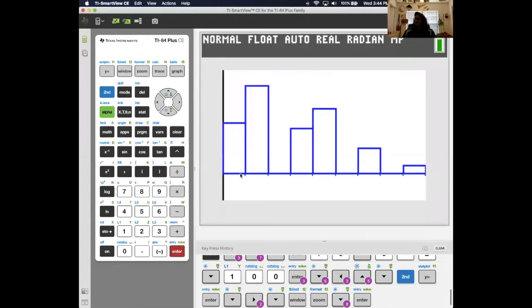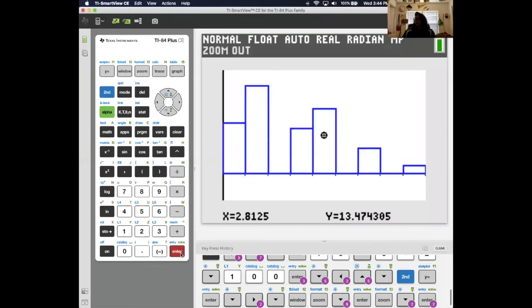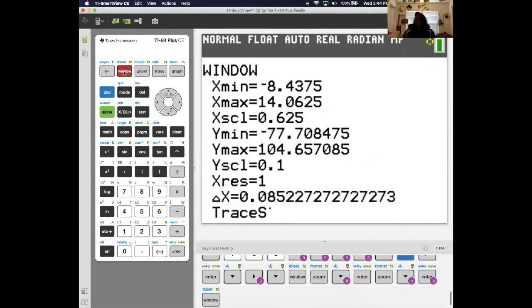So this first one is saying from 0 to 1, how many times do we have 0 M&Ms that were brown? This one is for 1, 2, 3, 4, 5, 6, 7, 8. So if we wanted to zoom out a bit to make sure that we see all 10, this is what we get, which doesn't look right, so let's go ahead and fix this.